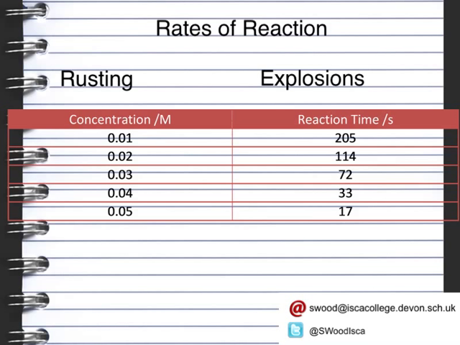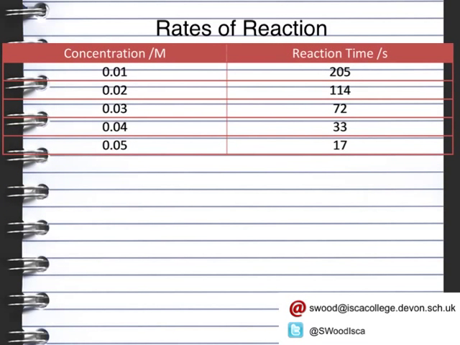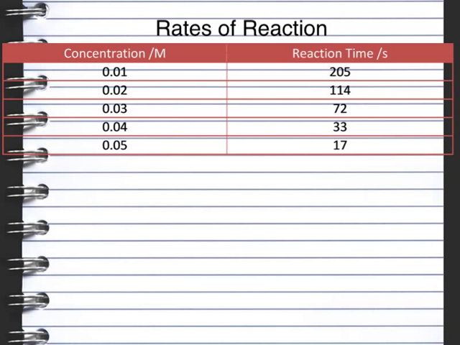Now I'm just going to adjust a few things on here, so let's move that up to here. Now with a graph you might have to plot something that looks like this. Now concentration is something that we have changed, so that would always go along the bottom.